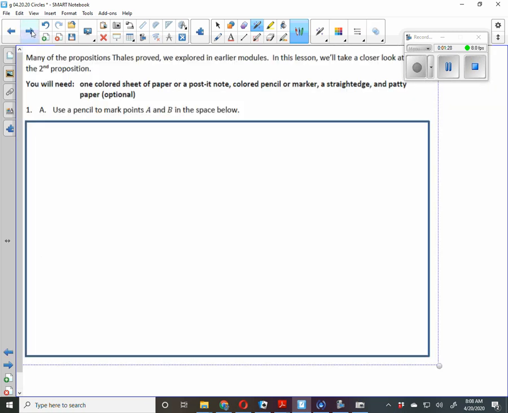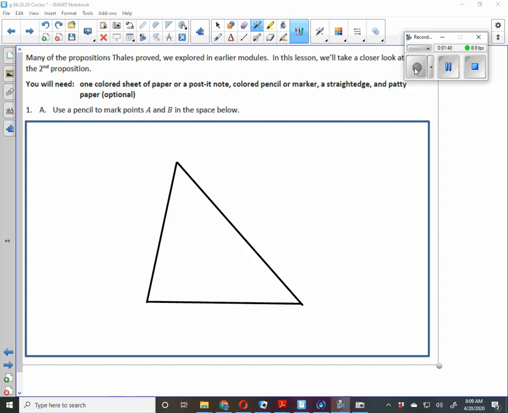So what we're going to do is start with simply drawing any triangle, and it really doesn't matter what that triangle is. That's not a very good triangle. Let's try that again. Okay, so with this triangle, what they're asking us to do is literally take this and cut it off, take this and cut it off, take this and cut it off.